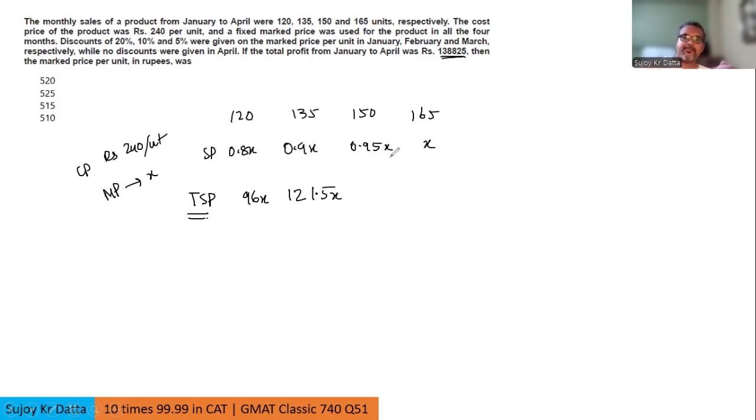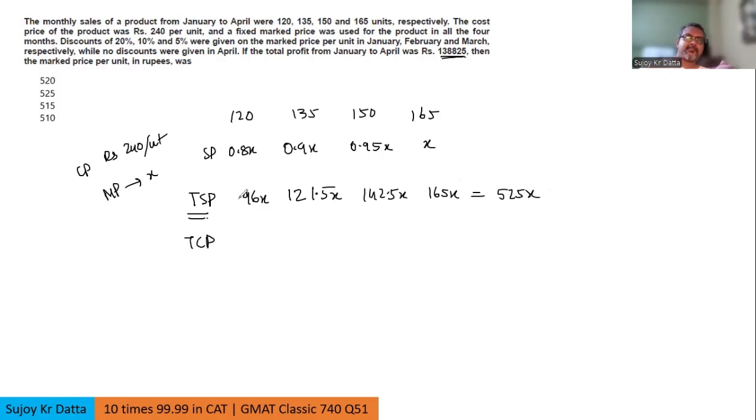Then 150 times 0.95. Maybe we can just use the calculator. 150 times 0.95 is 142.5, and here 165x. And the sum of all of these, so that would be 142.5 plus 121.5 plus 165 plus 100 minus 4, right? So that's 525x. That's your total selling price.